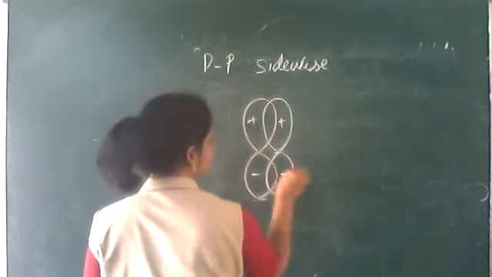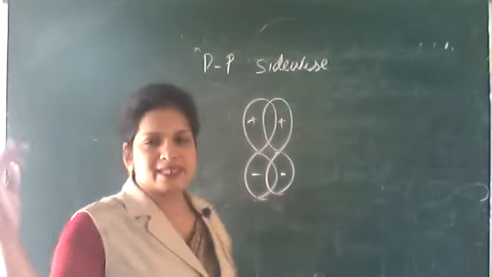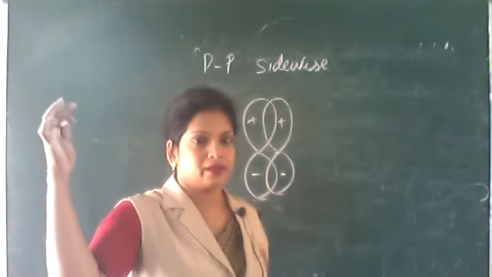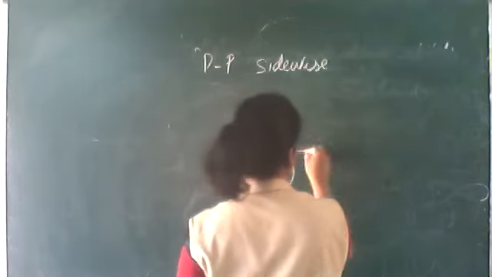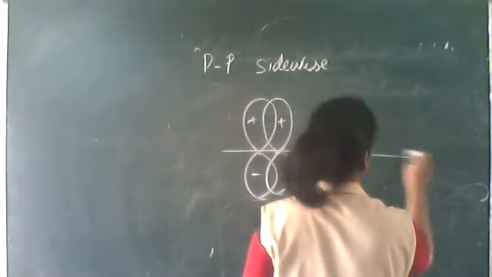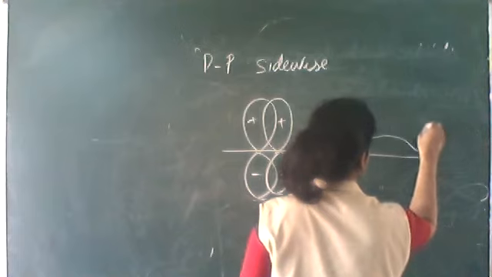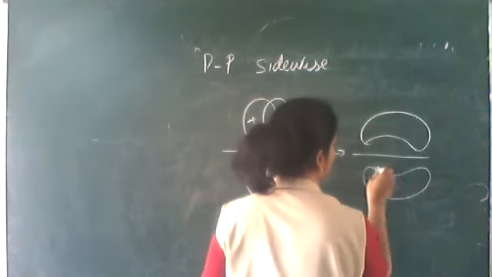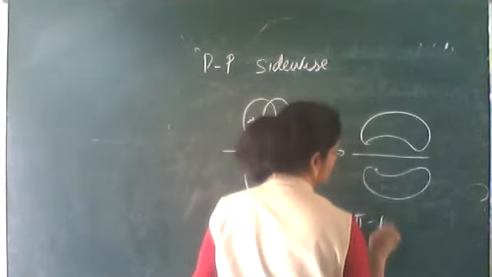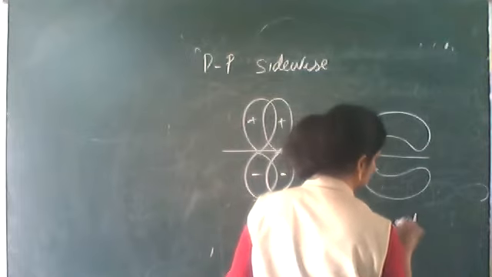Positive, positive, negative, negative, so that is sidewise overlapping, top and bottom. Here, this is the internuclear axis. So what you are getting is sidewise overlapping, which we call a pi bond. The electron cloud will be like this. This is a pi bond, a weak bond.